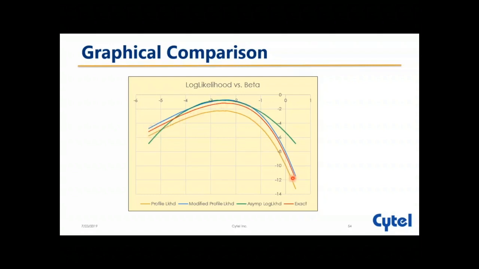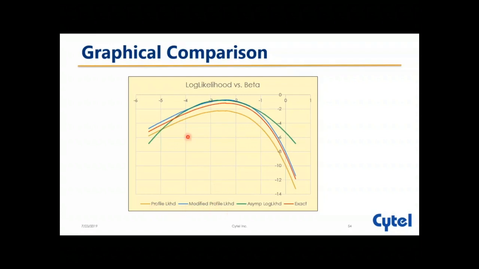The exact log likelihood is not symmetric about its MLE. It's a bit skewed. Then the profile log likelihood follows a similar pattern as exact, but the values are not close to exact. But again, the profile log likelihood is not symmetric about its MLE.